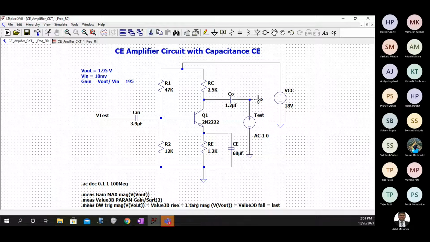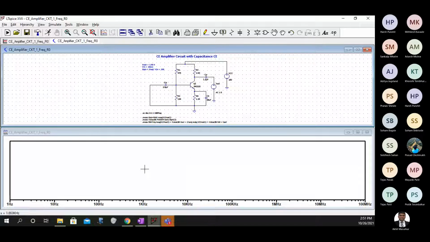And now no longer we'll have a Vout. So this is just Vtest. And from here also you should remove this and we'll connect this to ground. And now run the simulation.